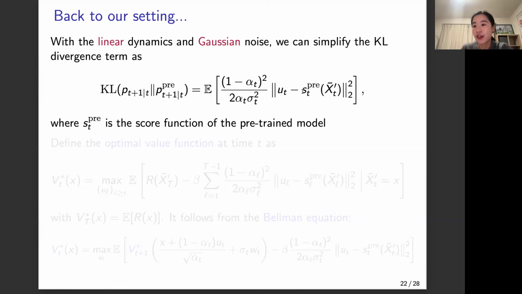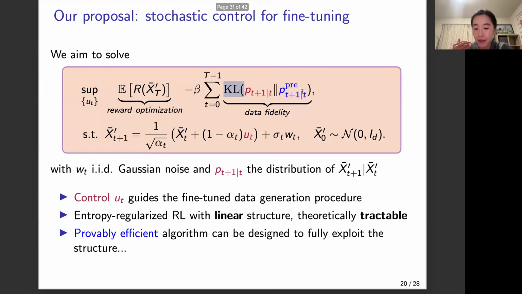So it really has a very nice structure. It's a control problem that takes care of the key characteristics of this fine-tuning downstream task. So we can say a lot about the efficient design of this type of control problems.